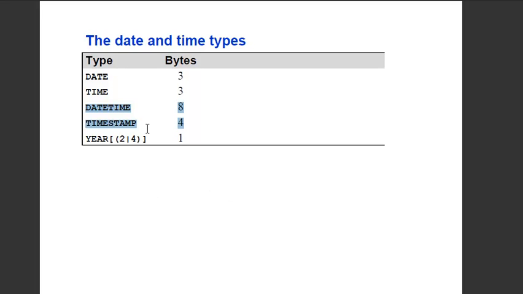Now, the interesting piece of information is that the timestamp is currently subject to the Y2K38 problem. Basically, what it means is that this type can store dates only up to the year 2038. So if your transactional system is handling something involving current time, and maybe not so distant future, you are good.